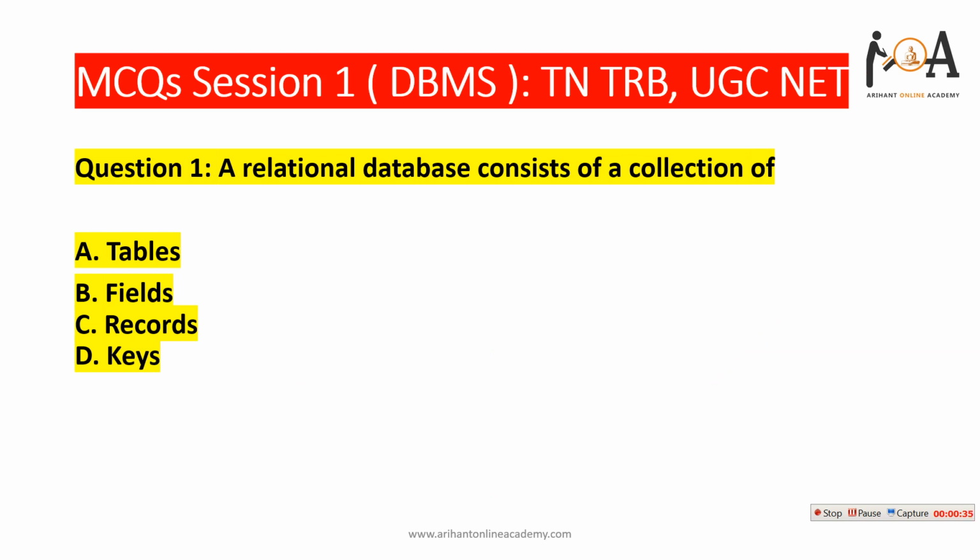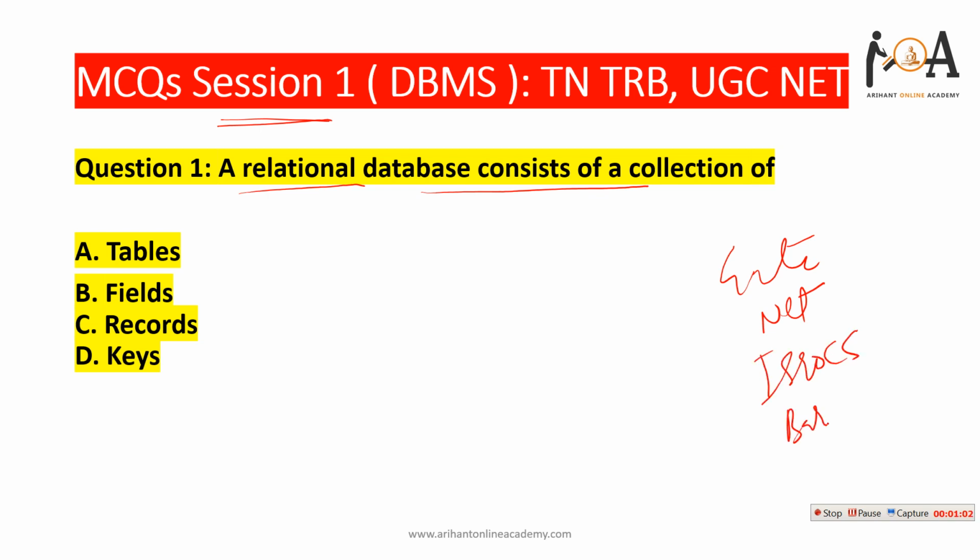The very first question is, a relational database consists of a collection of basically... Here it is the very first session for this exam preparation. That is why we are discussing the basic level questions which were asked in the previous year's exams, but it also includes questions of GATE, UGC NET CS, ISRO CS, BARC CS, okay, it's also included, right?